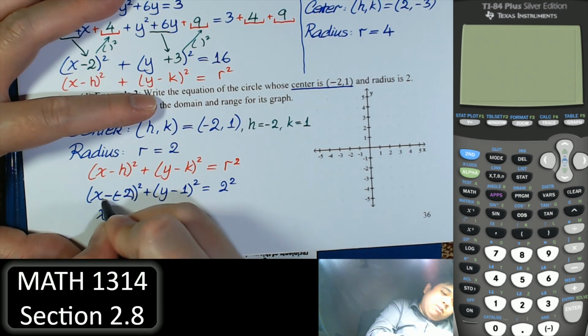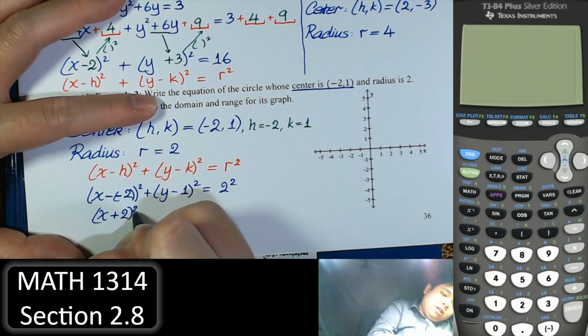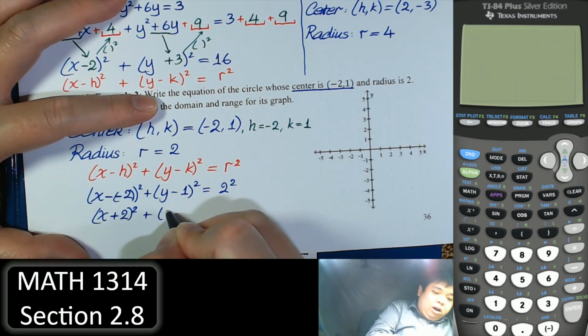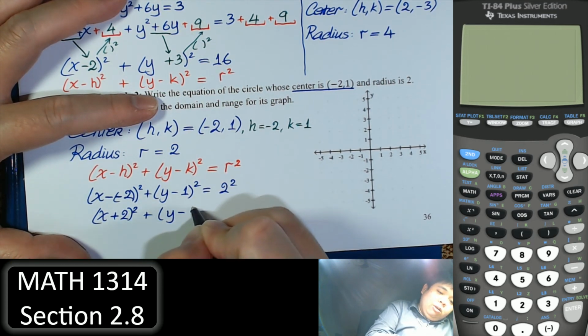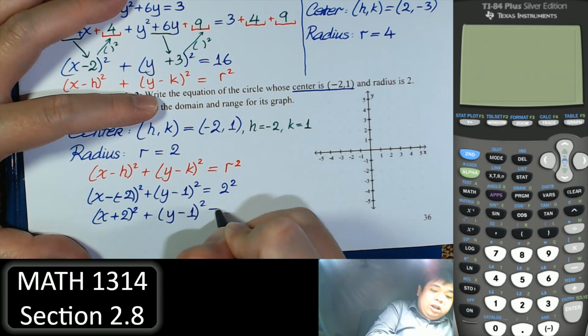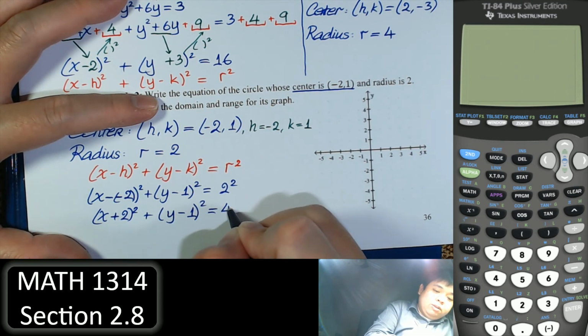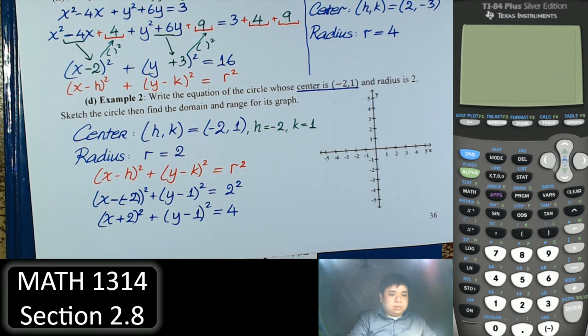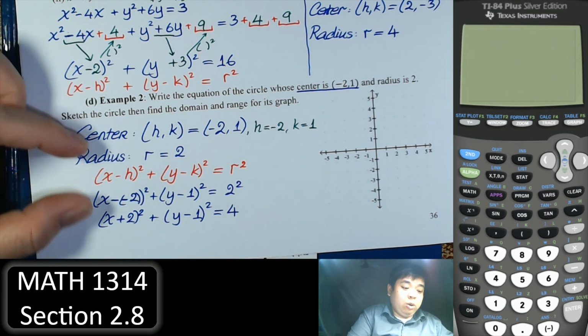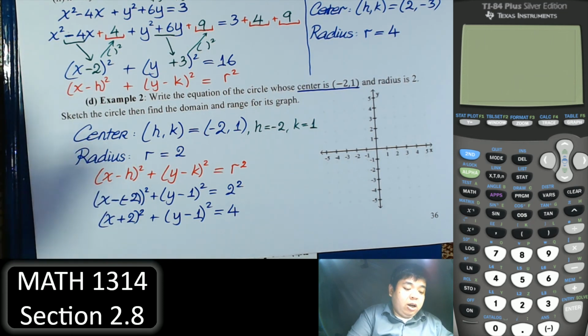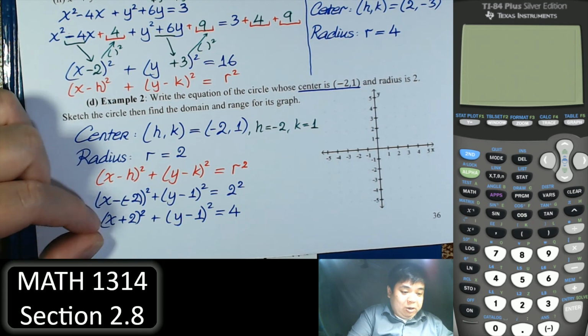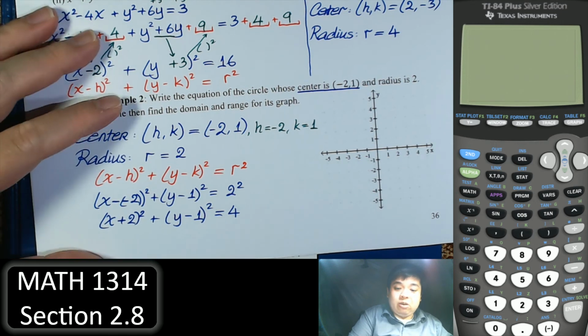So that is (x plus 2) squared plus (y minus 1) squared equal to 4. Simple enough. When we have the center and radius, we can write the equation of the circle, or when we have the equation of the circle, we can find the center and the radius.